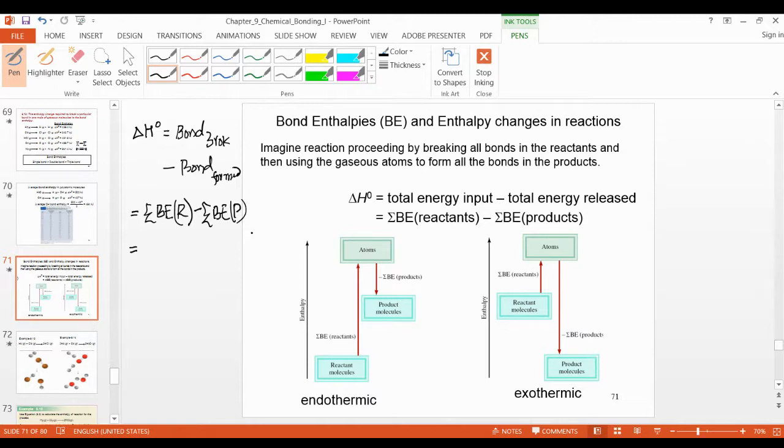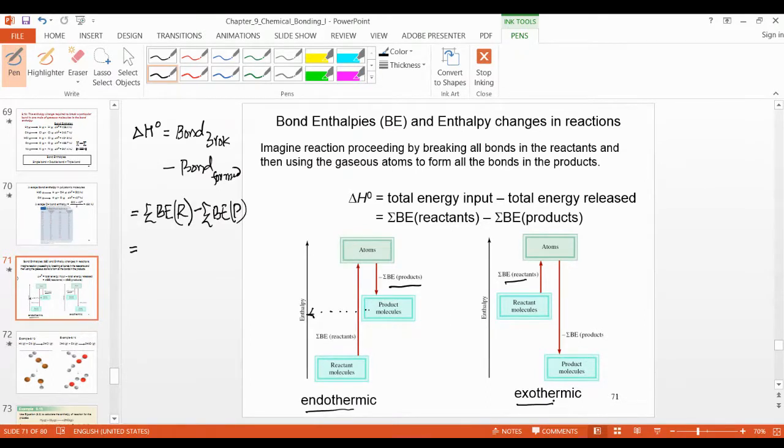Look at the diagram: bond energy for the product and bond energy for the reactant. Suppose the reactant starts from here. It requires some bond energy to break down the reactant, and the atoms are formed. Then these atoms combine again and the product is formed. So this product has less energy. Look here. This one is an endothermic reaction.